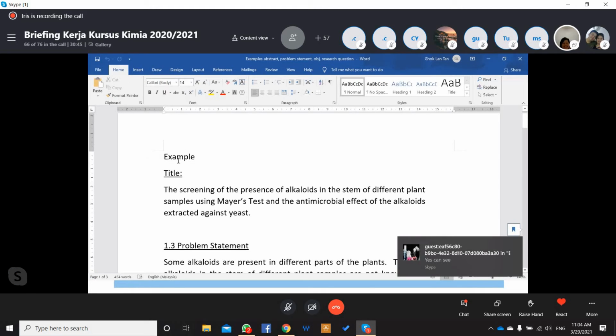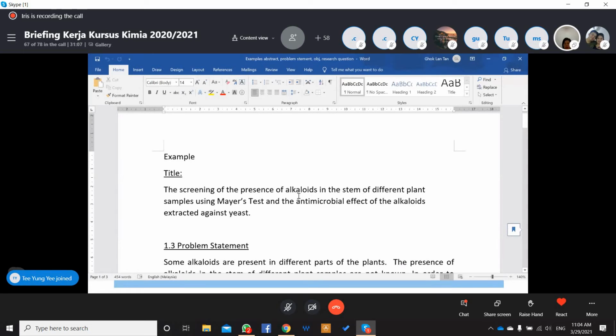Okay, title. Title must be specific. Maksudnya from the title, when people read your title, they kind of know what roughly you are doing. So the title here, the screening. Screening means we want to know ada atau tak ada, like screening, screen it out. Screening of the presence of alkaloid. Alkaloid is a compound that is present in the plant.